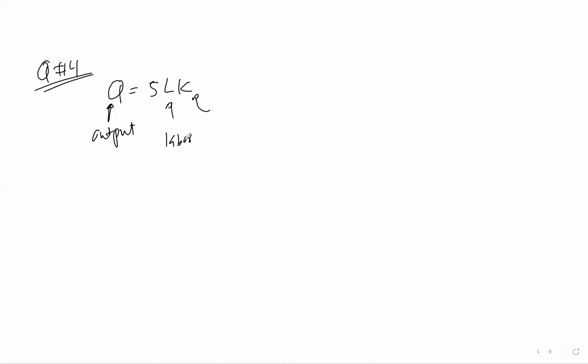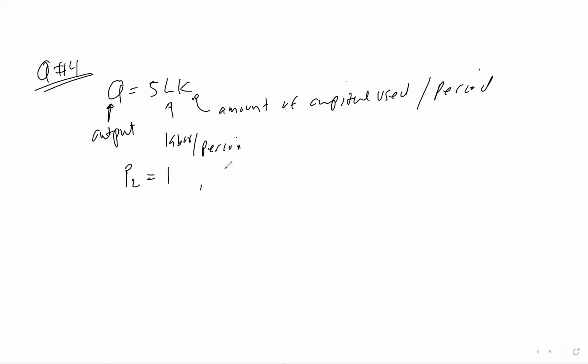L is the amount of labor per period, and K is the amount of capital used per period. The price of labor is $1, and the price of capital is equal to $2.